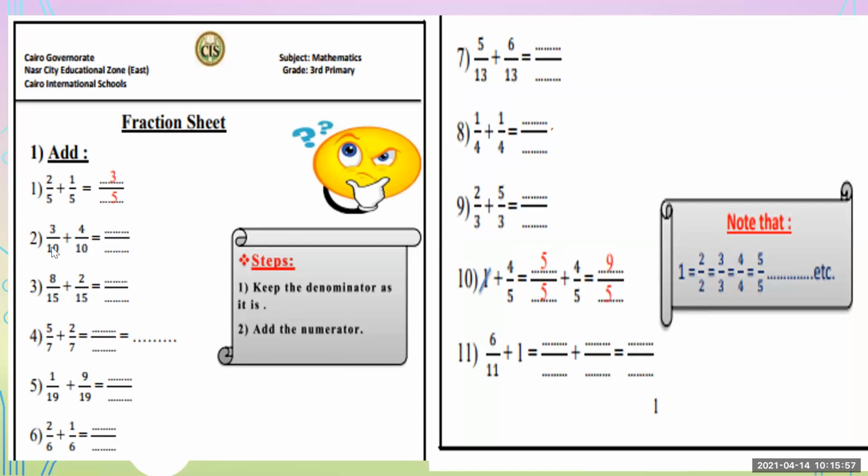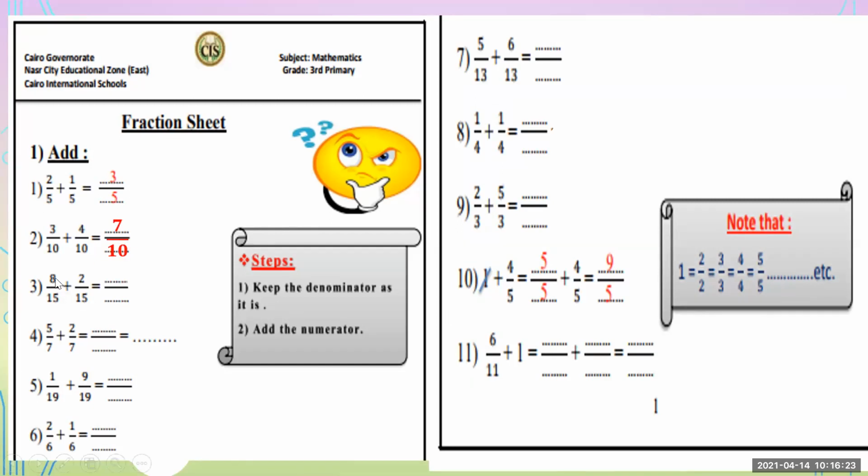Here, in number 2, 3 over 10 plus 4 over 10. I have here 10 as denominator, so I will put it as it is. Then I will add 3 plus 4. So 3 plus 4 equals 7. So it's 7 over 10.